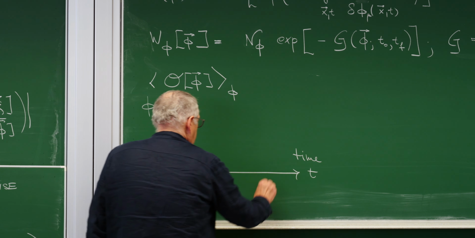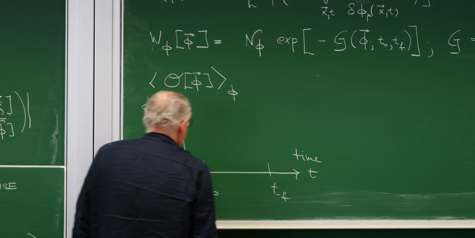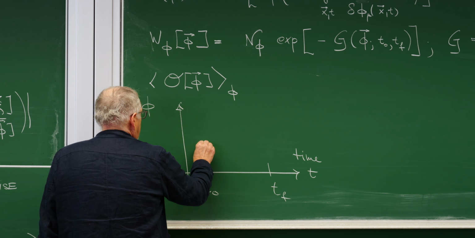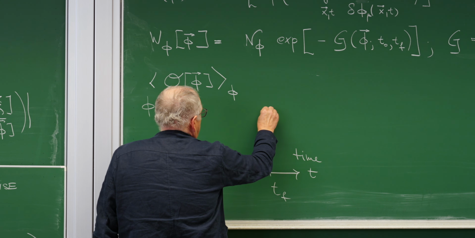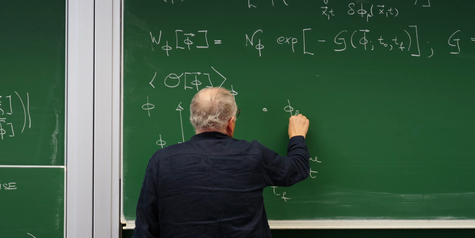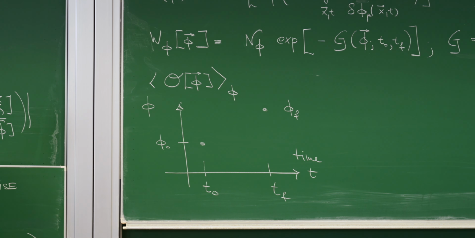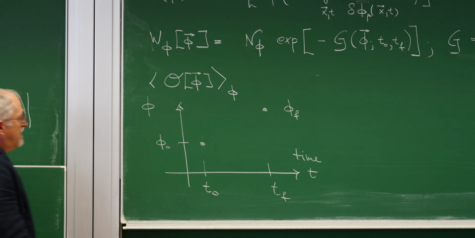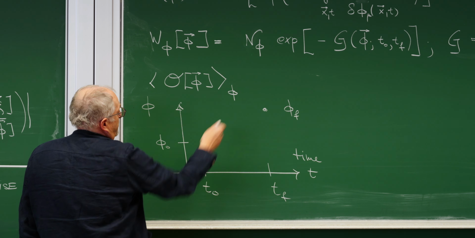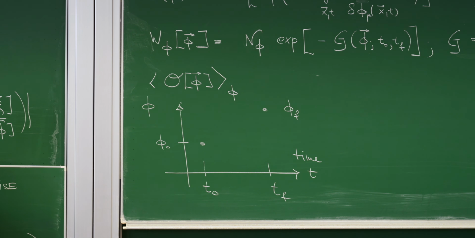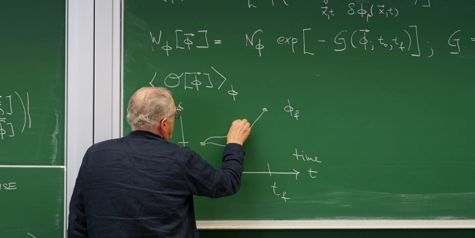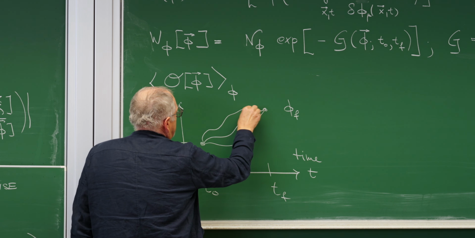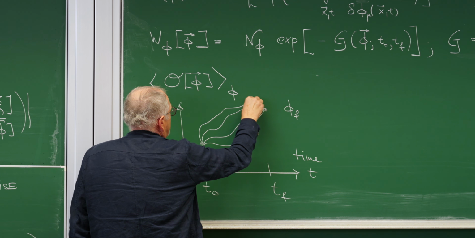Here is my initial time, and here is my final time. I'm starting out, say, with some initial field. I'm ending here with some final field value. Of course, those are functions and not values. If I want to average an observable over such a dynamics for the field, I need to sum over all the possible trajectories that get me from one location to the other.